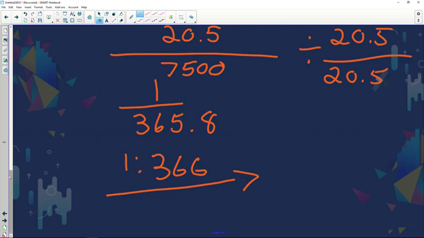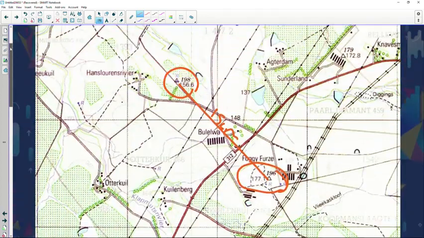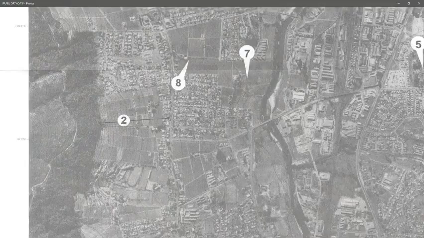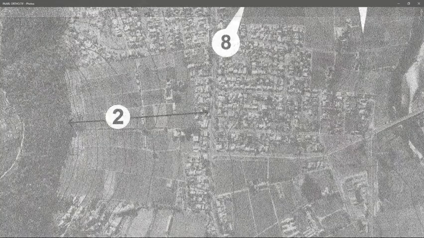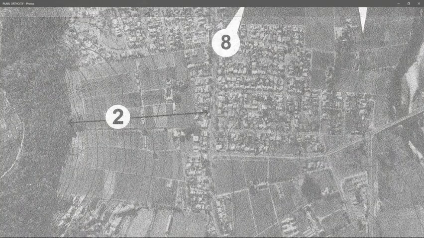Now grade 12s, the example that I've just done comes from a topographical map. What's going to happen if they're going to ask you the same question to calculate the gradient on an orthophoto map? Now I'm going to give you an example. If you look at number 2 over there, unfortunately it's a bit unclear.